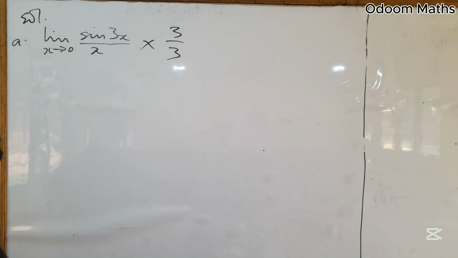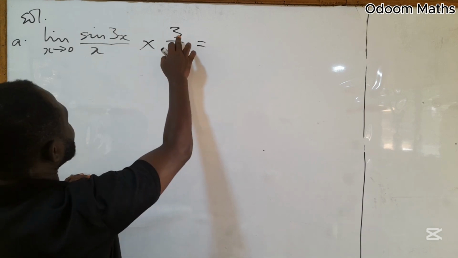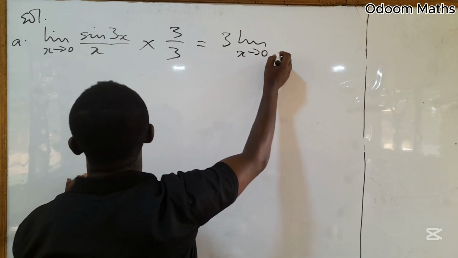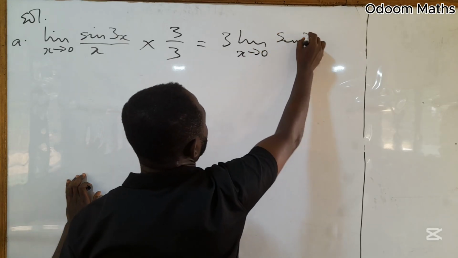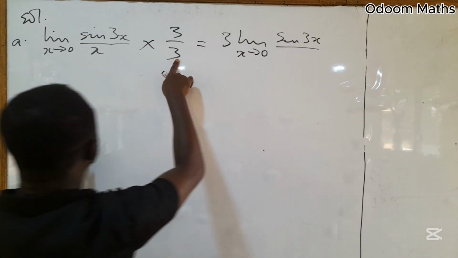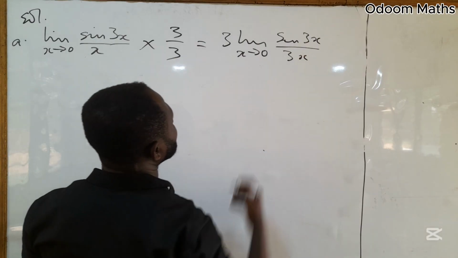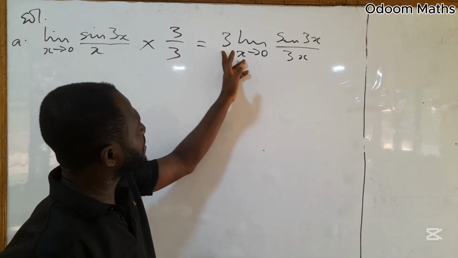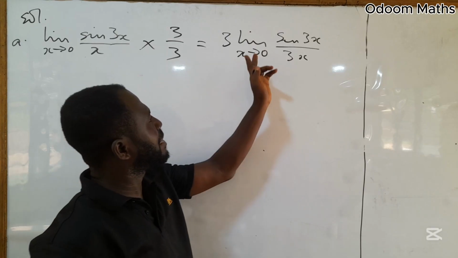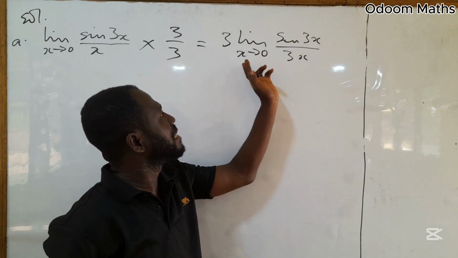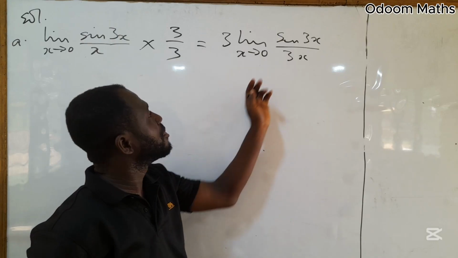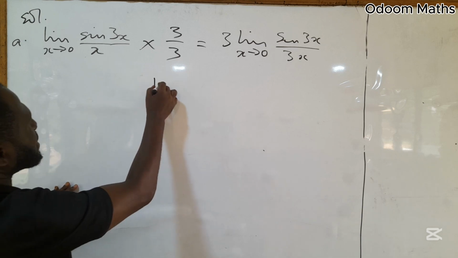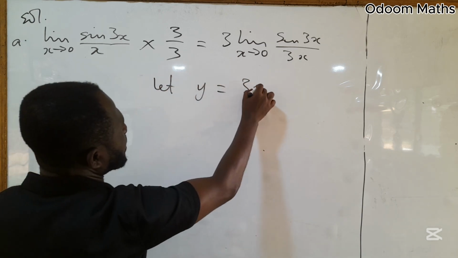Okay, so let me now have 3, then the limit as x approaches 0 of sine 3x over 3x. Now look at this. So I have 3 multiplying the limit of sine 3x over 3x as x approaches 0. From here, I can say let y be equal to 3x.